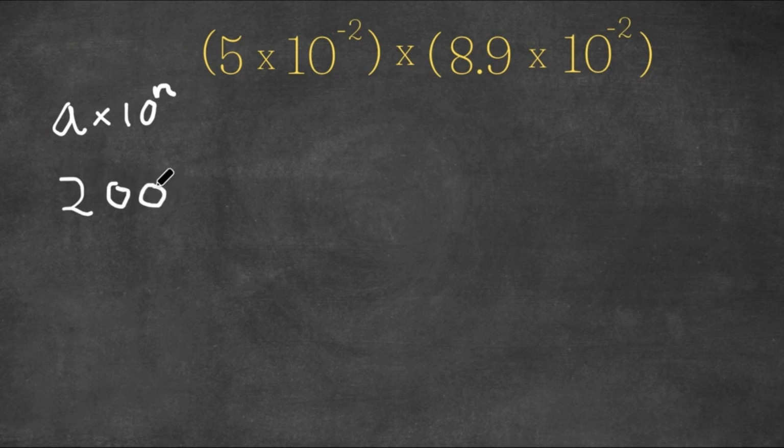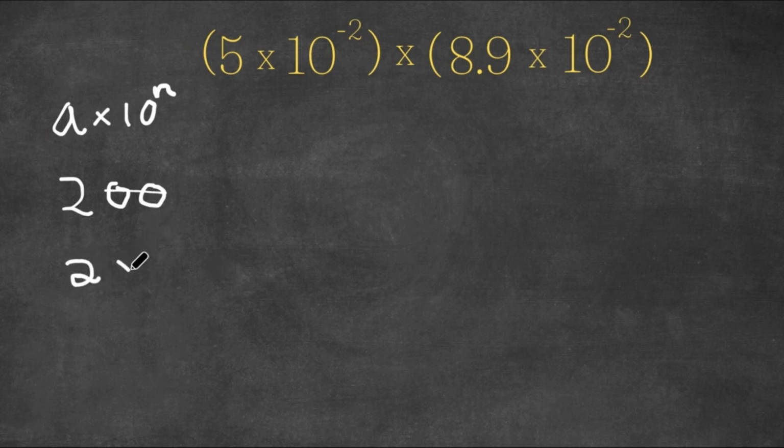Now, how would we put this in scientific notation? Well, a here has to be a number between 1 and 10. So we have to change 200 so that it's a number between 1 and 10. Well, 200, if we cancel out these two zeros, we would have 2, right? So that means a here would be 2.